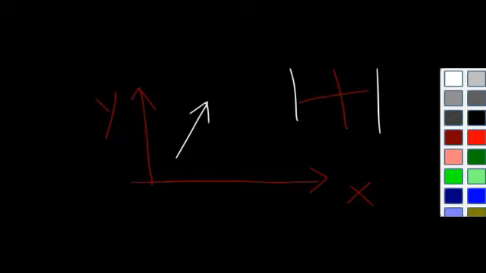When you take the cross product between two vectors, of course, the direction of the resulting cross product vector is going to be perpendicular to both the first vector and the second vector.